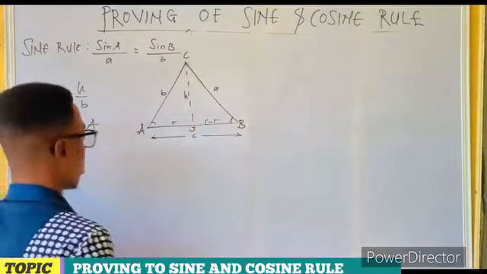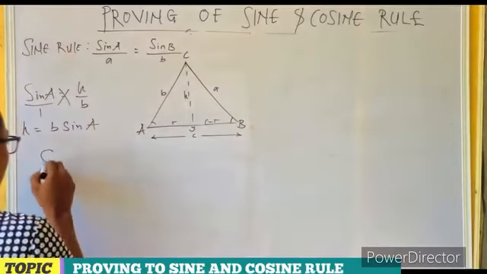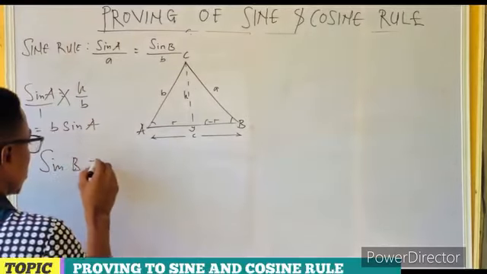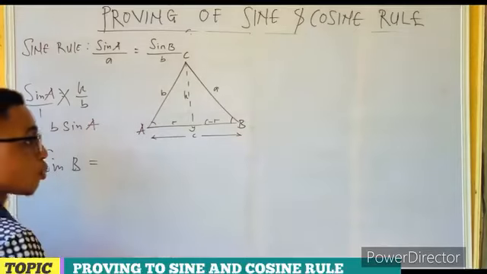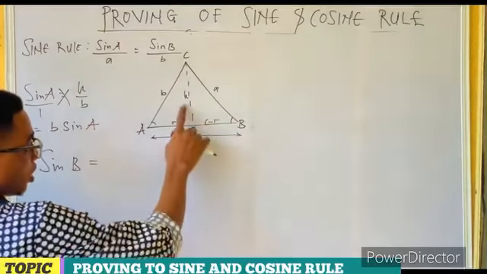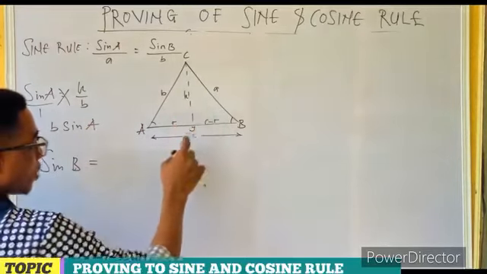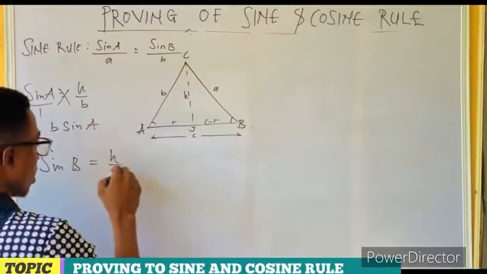For us to consider sine B, we need to look at the other side of the triangle, where we have sine B is equals to opposite over hypotenuse. Here is the opposite and here is the hypotenuse, h over a.